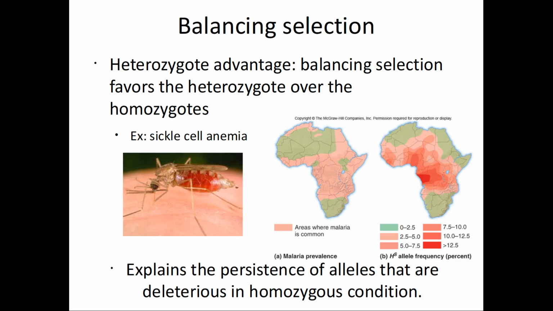So it explains the persistence of alleles that are deleterious in homozygous conditions. This acts as sort of a buffer to mutations and to genetic variation.